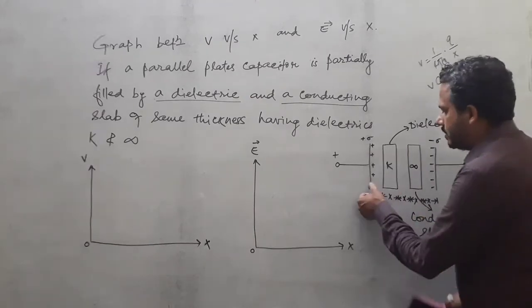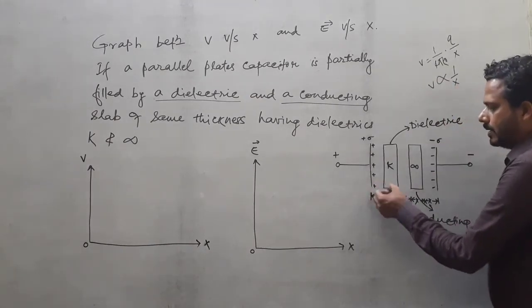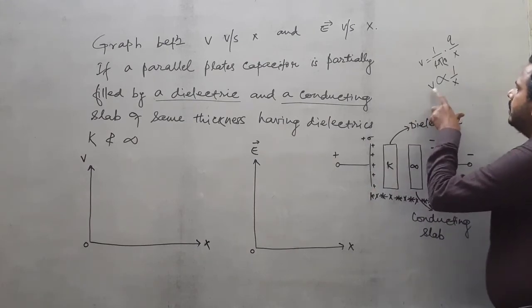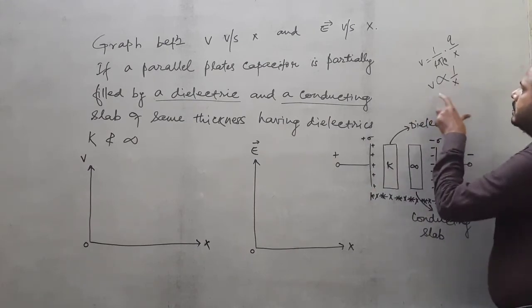As you go from left to right in this separation x, your potential will be decreasing.